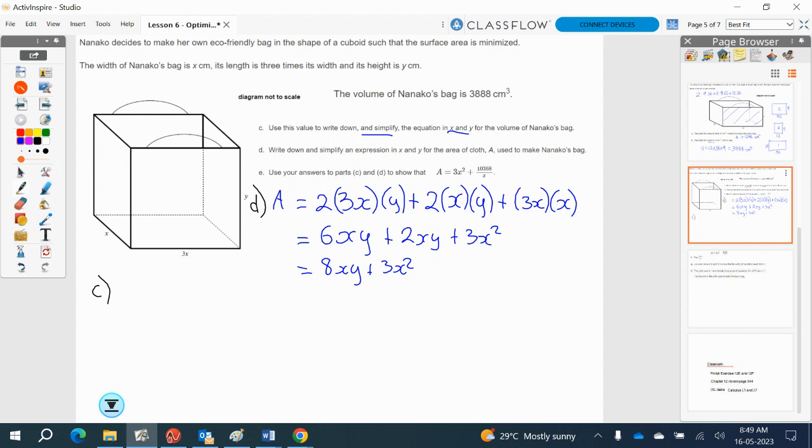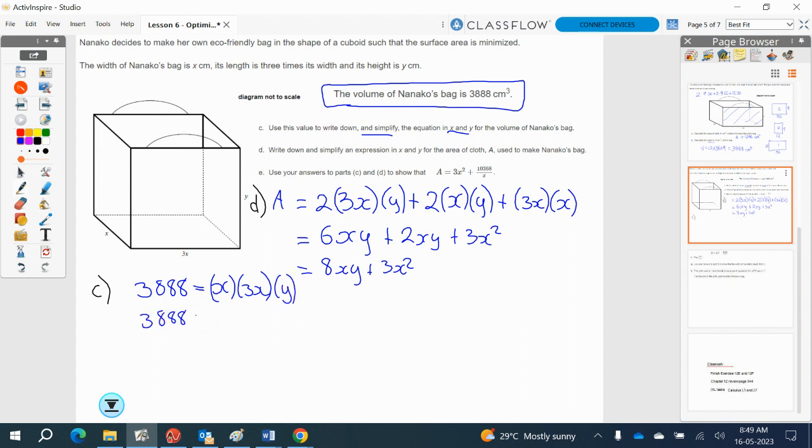Now in this case, you're given your constraint. So this is the constraint equation. We're told that the volume is going to be this. So we need 3888 is equal to x times 3x times y, so 3888 is equal to 3x squared y.